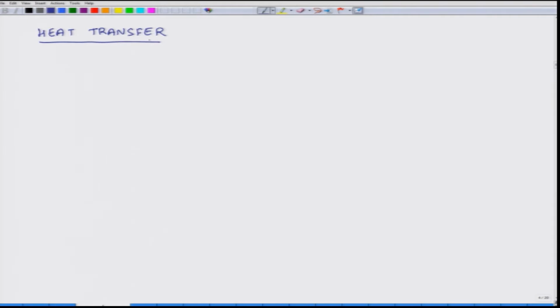This is the problem for heat transfer, and here we are assuming that A11 is equal to A22 is equal to 1, and A12 is equal to A21 is equal to A00 is equal to 0.